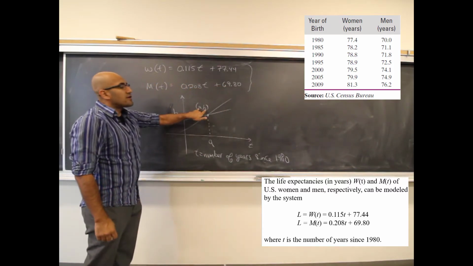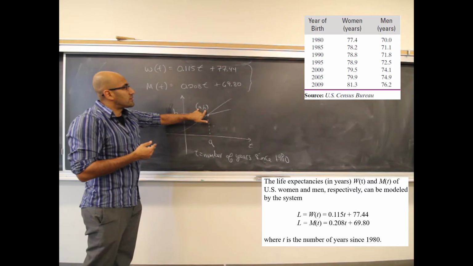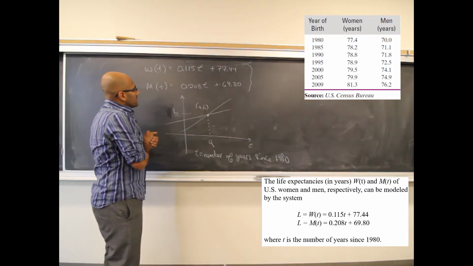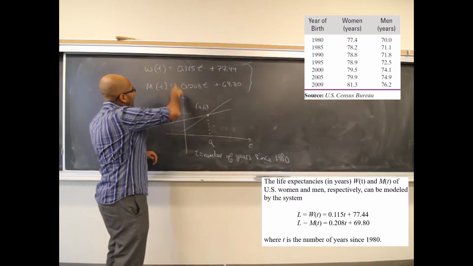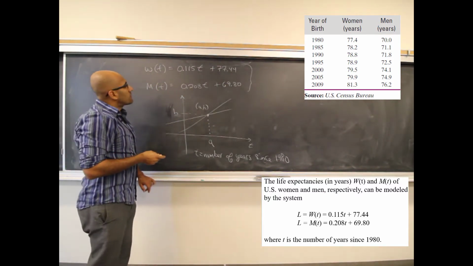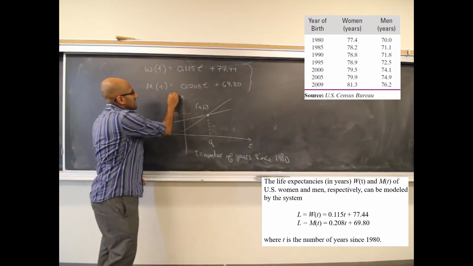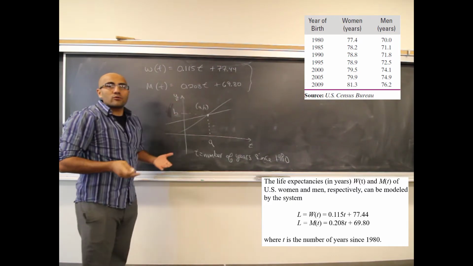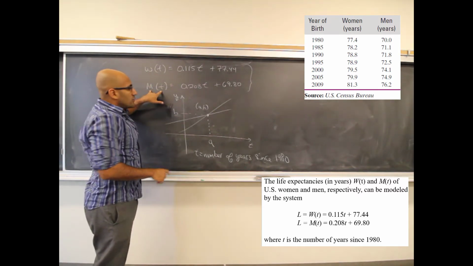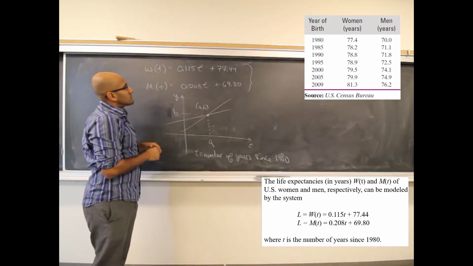And we're after that. Now I already know the answer because we solved it with the graphing method, but we're going to solve it using the substitution method. Now, what should we make this axis? Should we make it w of t? Should we make it m of t? Well, for the purposes of this, I would say just think about it as a y. It's just the output, whatever it is. This isn't always equal to that, which is why I like to go back to the variables of a and b.